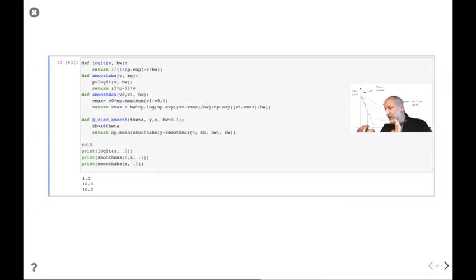So in the limit, as lambda goes to 0, these operators are going to mimic exactly what we expect them to do with the hard operators.